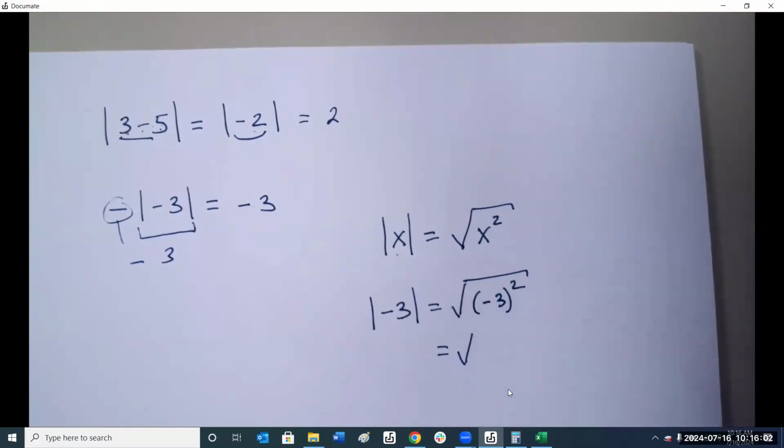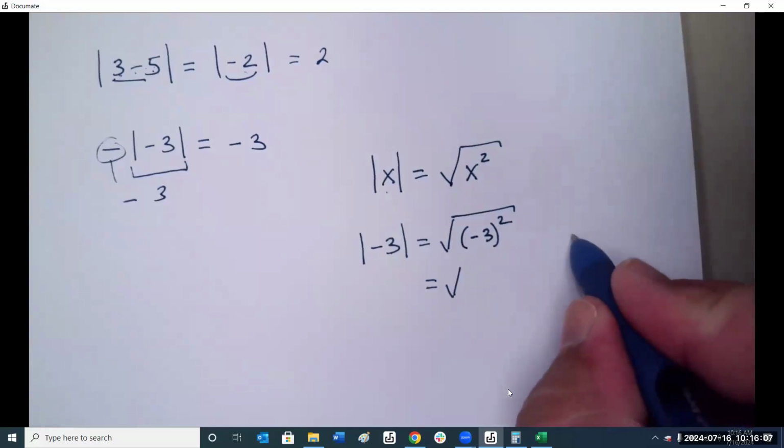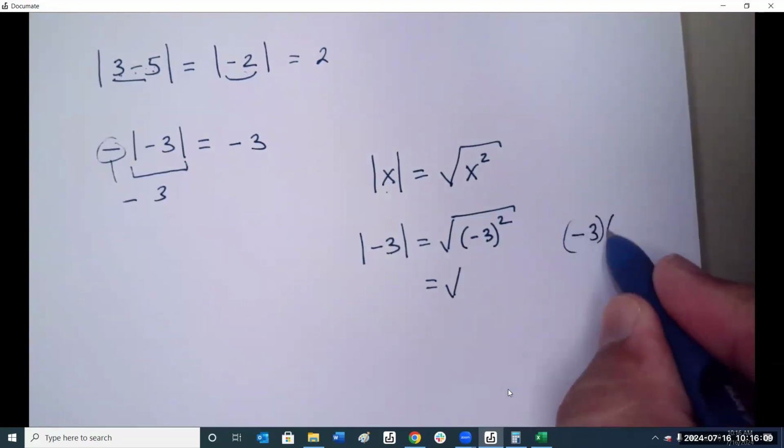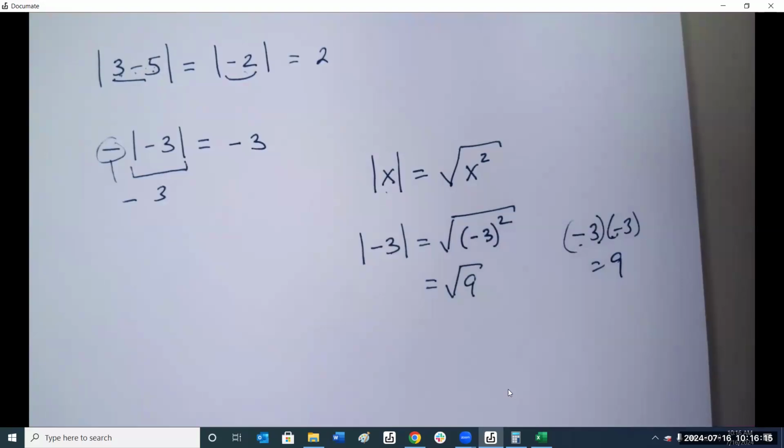What is -3 squared? -3 times -3. Negative makes it positive. It's 9. What's the square root of 9? So that is a definition of how we represent the absolute value as an equation.